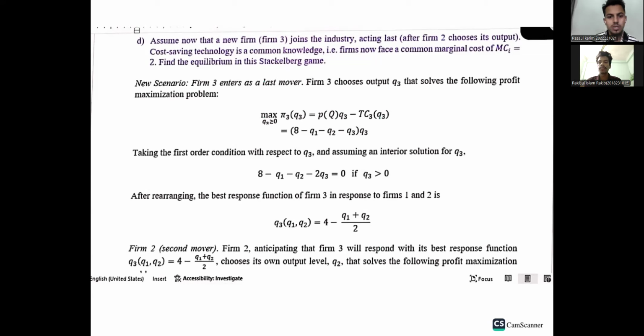by 2. The second mover is farm 2, and farm 2 anticipates that farm 3 will respond with its best response function.